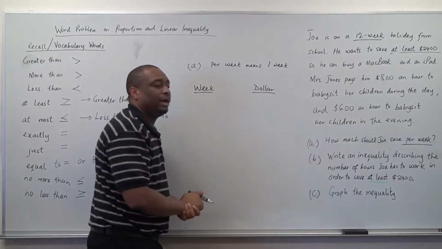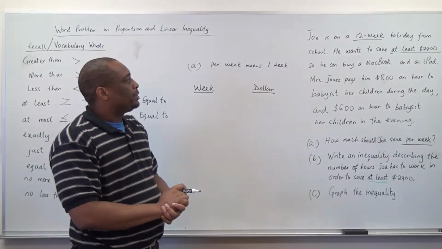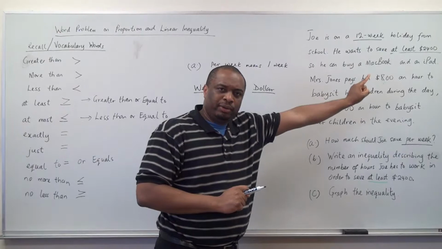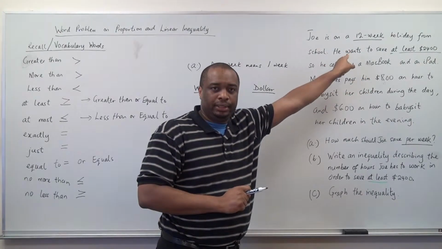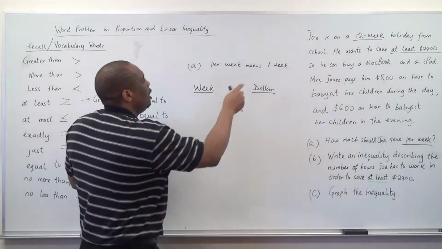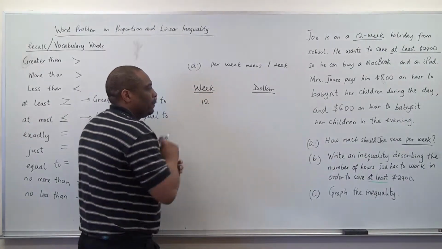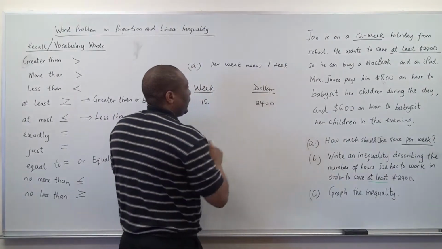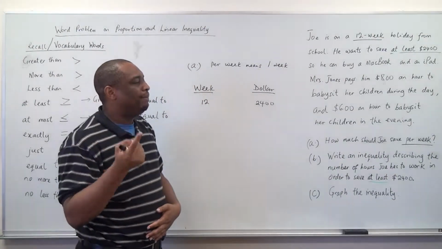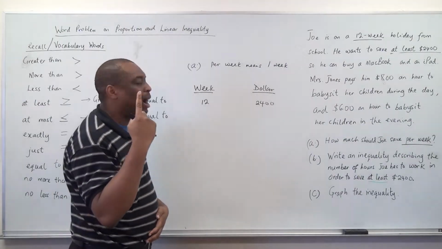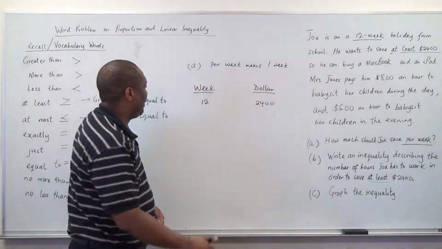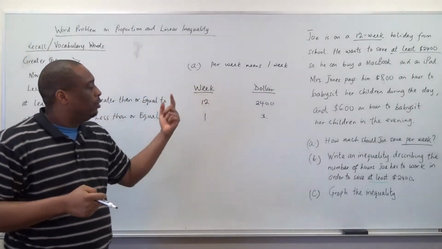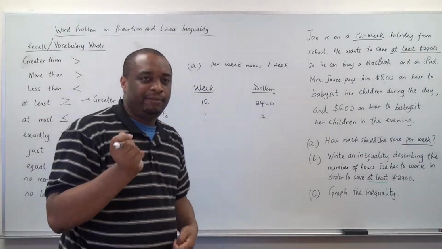So he needs to save at least $2,400 for this 12-week holiday. So on the first line, under the week, I put 12, and under the dollar, I put $2,400. So now, how much should he save per week for 1 week? Where do I put the 1? I put it under here. And I don't know. Remember, whatever you don't know in algebra, you just put a variable.